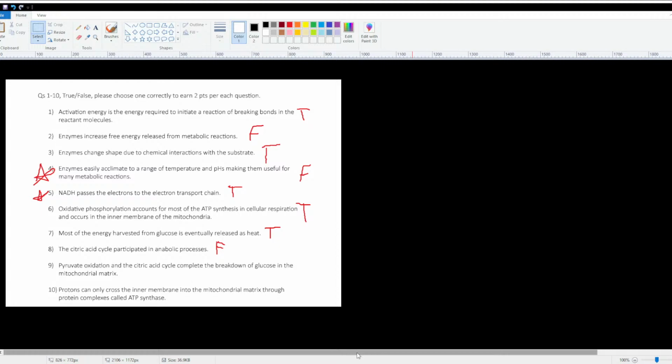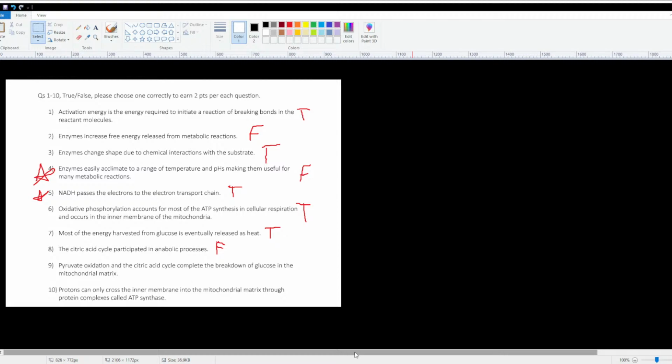That's what's happening in the citric acid cycle. When something is being oxidized, more likely than not, it means that something's being broken down. That's not really a rule, so I would take that with a grain of salt.